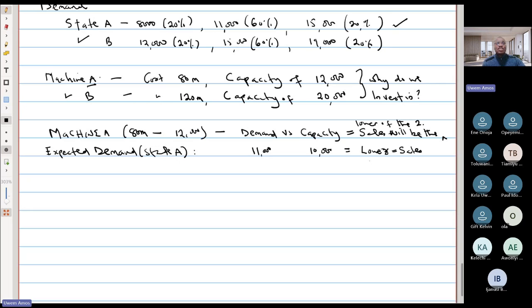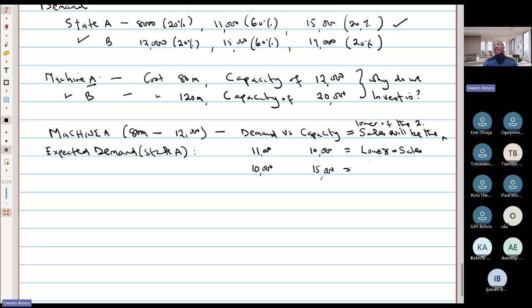Now let's reverse it a little bit, because we said that whenever you have demand versus capacity, the lower one would be your sales. Let's assume that you have a demand of 10,000, but you have the capacity to produce up to 15,000. What do you think will be your sales?